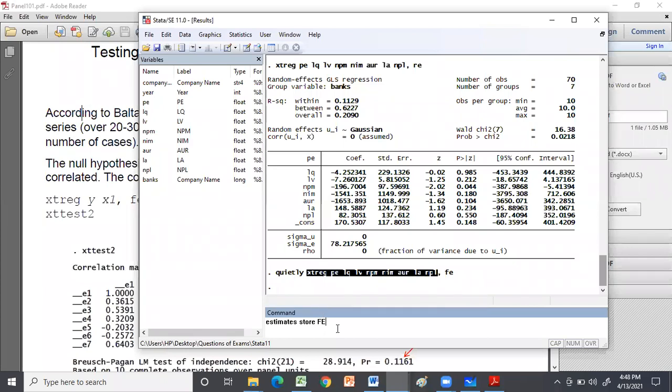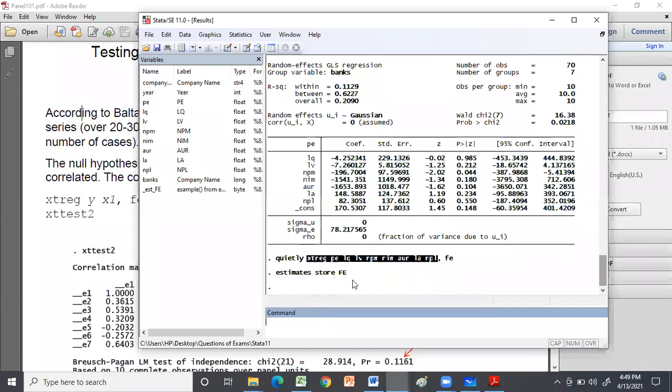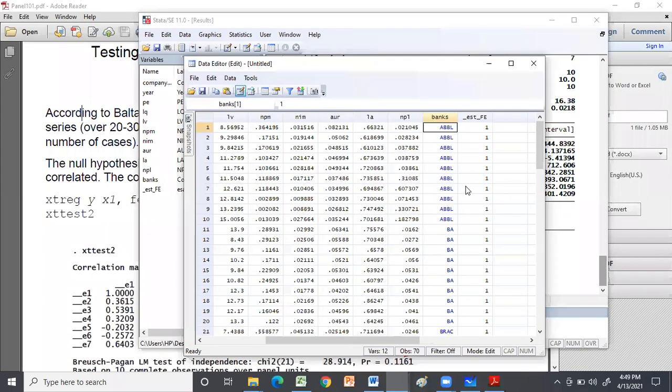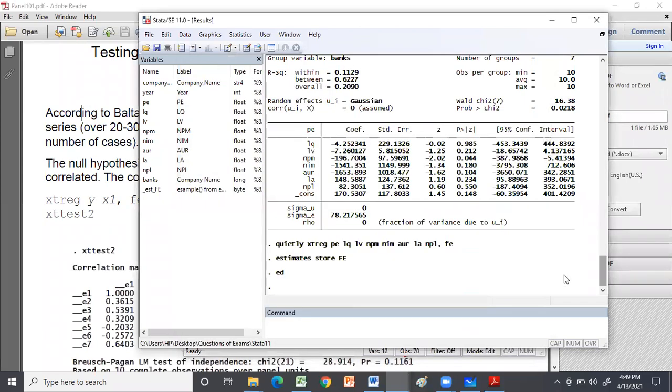And when you want to store any estimated result from the OLS method, fixed effect method or random effect method, just write estimates store fe. You are storing the estimated result of the fixed effect method of your regression model in your memory. And here you can see that another variable has been created at the data level or variable level. The estimated result has been stored here. So you have stored them.